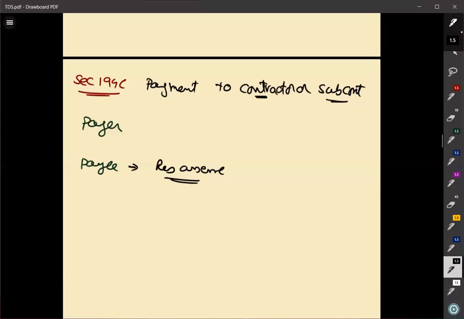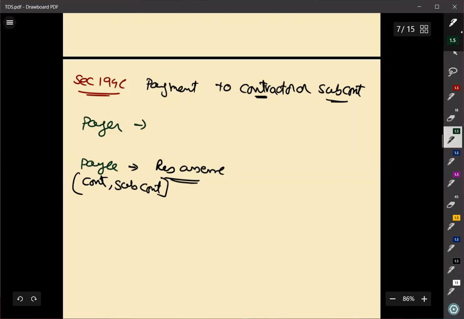He is resident in India. He can be individual, he can be HUF, he can be firm, he can be company, he can be anything, but his residential status should be Indian. He should be called a resident. Who is the payee here? The payee is none other than your contractor, or the payee is none other than your subcontractor. The subcontractor or the payee should be resident SSC.